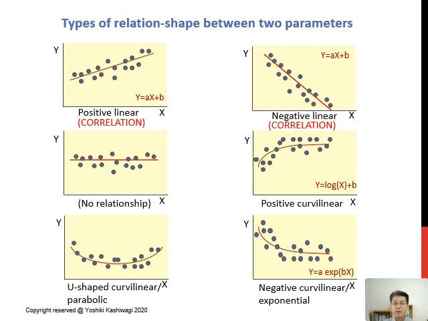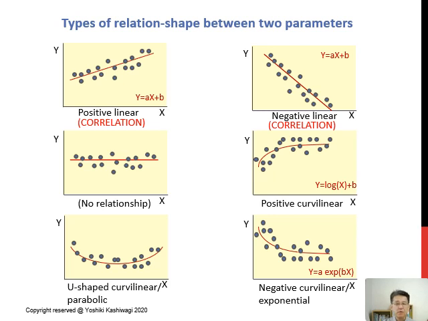Here are some examples of regression analysis, or some types of relationships between two parameters. The first one, the upper one, left-hand side and right-hand side, these are correlations because the relationship between the y-axis and x-axis is linear, a straight line.